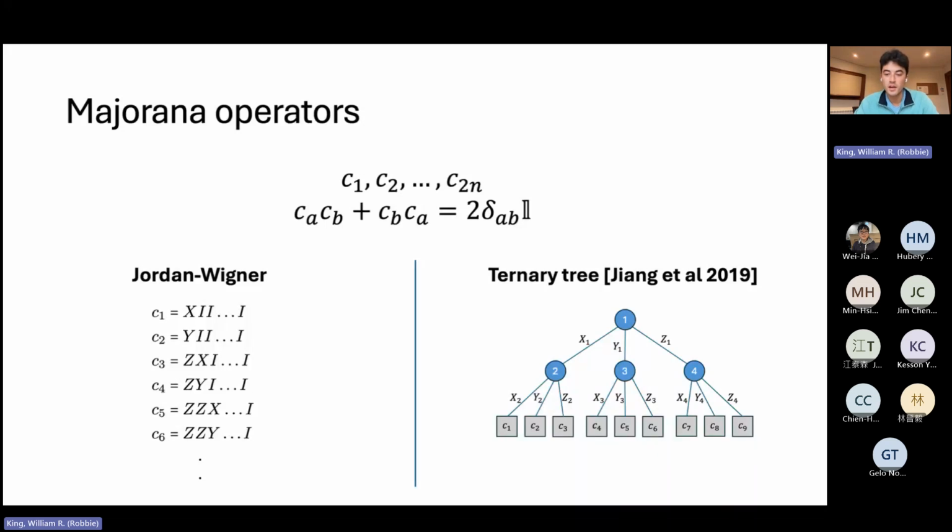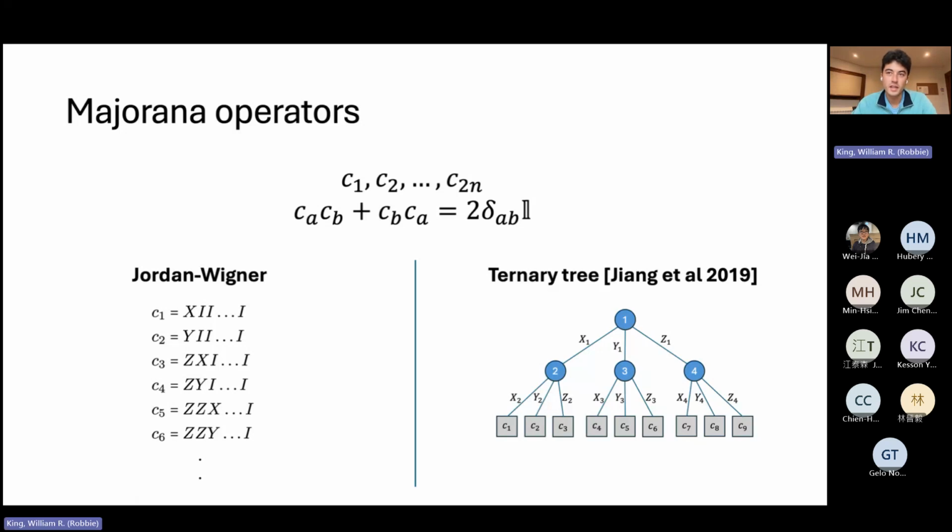Here we identify each branch of the tree with X, Y, and Z on a different qubit, and to see the embedding of a leaf node, you look at the Paulis in the path from the root to that node, and you can also check that these mutually anti-commute.